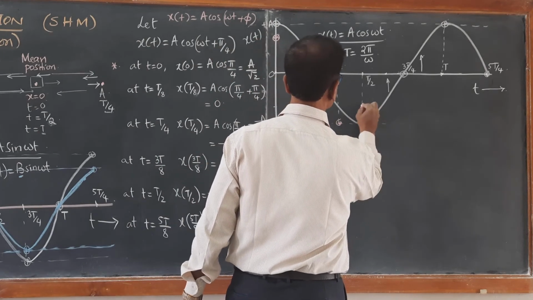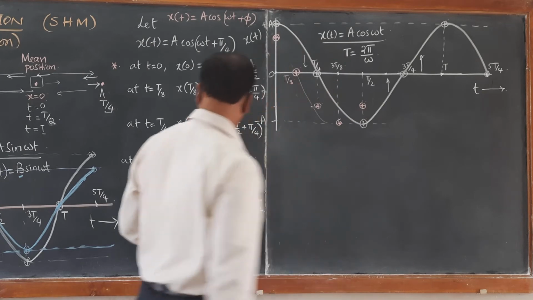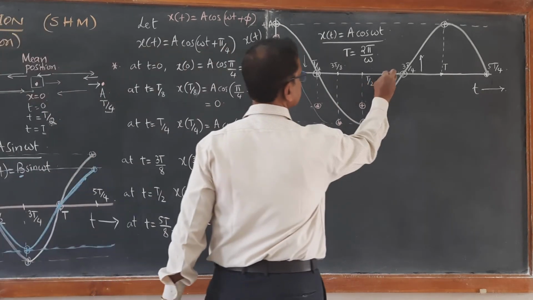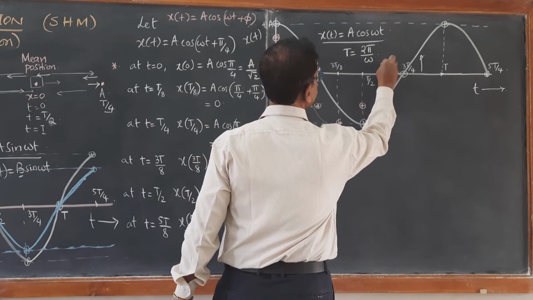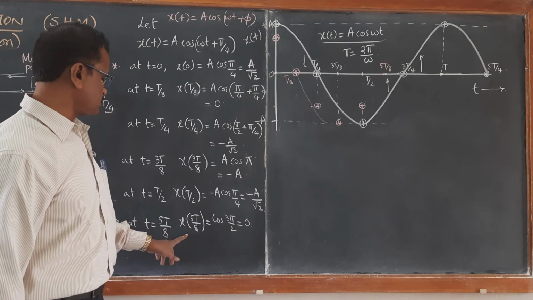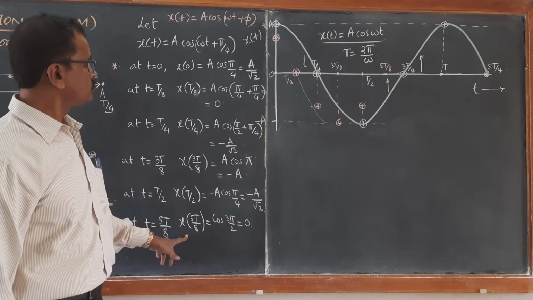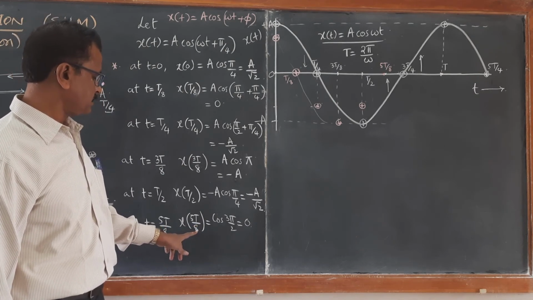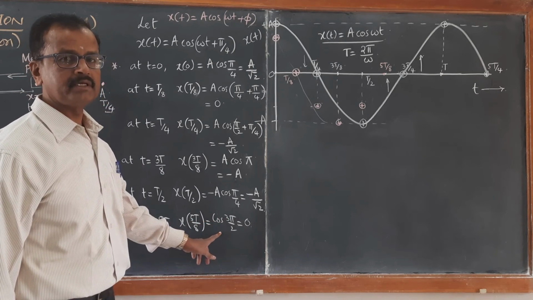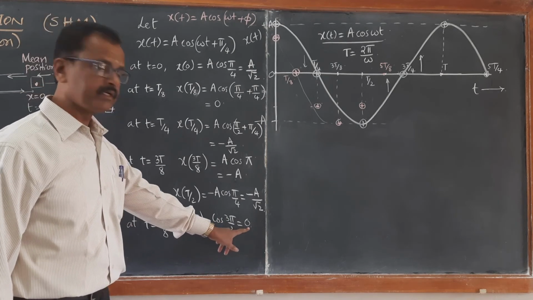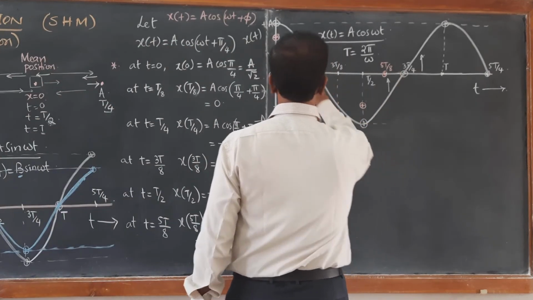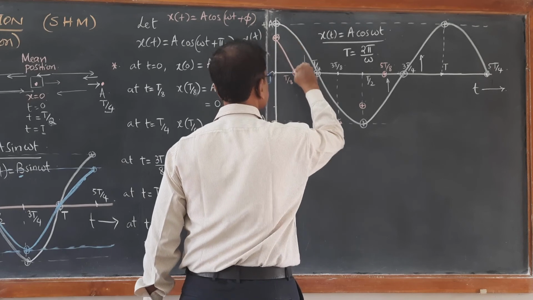At 5T by 8, after substituting in the equation 2 pi by T into 5T by 8 and cancelling, you will get cos 3 pi by 2. Cos 3 pi by 2 is nothing but cos 270, which is 0. So you will get this position. If you continue this, you will get a curve of this nature.